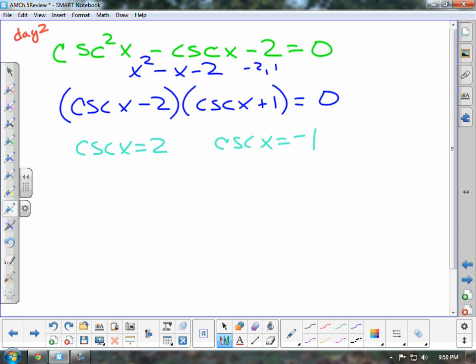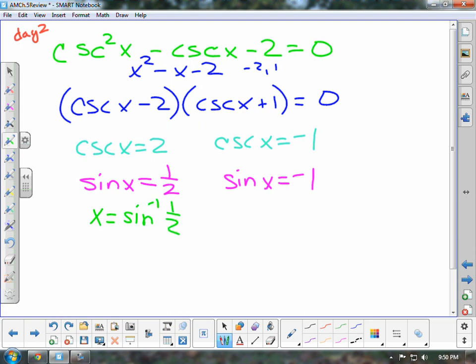Now we do not have an inverse cosecant, so we need to change this to something that we do have an inverse of, and the reciprocal of cosecant is sine of x. And since we flip that to sine, we would have to flip that to 1/2. And here we would take this and turn it into sine as well, and that would then turn into a negative 1 because the reciprocal of a negative 1 is a negative 1. And so now x is going to equal the inverse sine of 1/2, which, where is sine of a half?